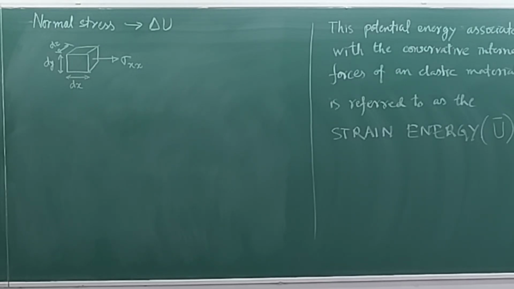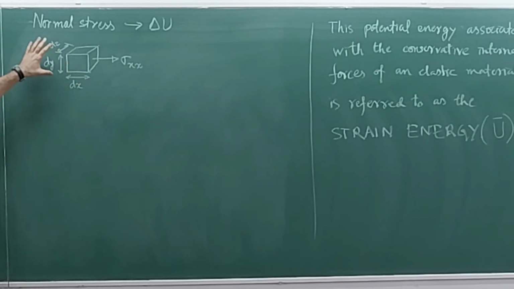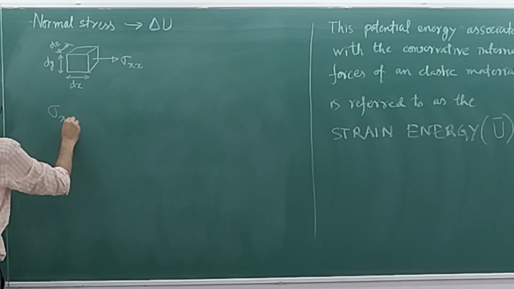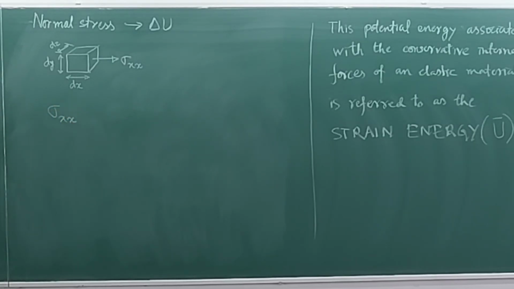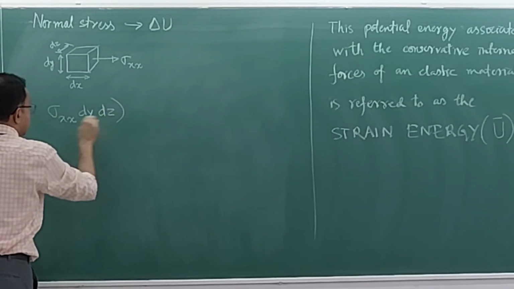Now P is the force, sigma xx is the stress. So on this little element that we are considering, how can I write P? Sigma xx into the corresponding area, which will be dy into dz. This is my P.